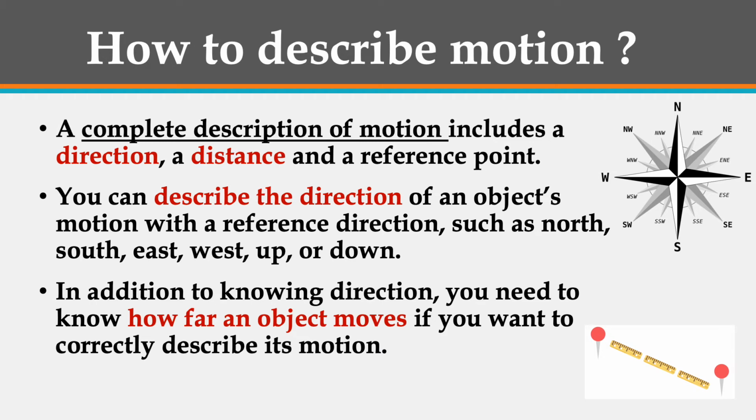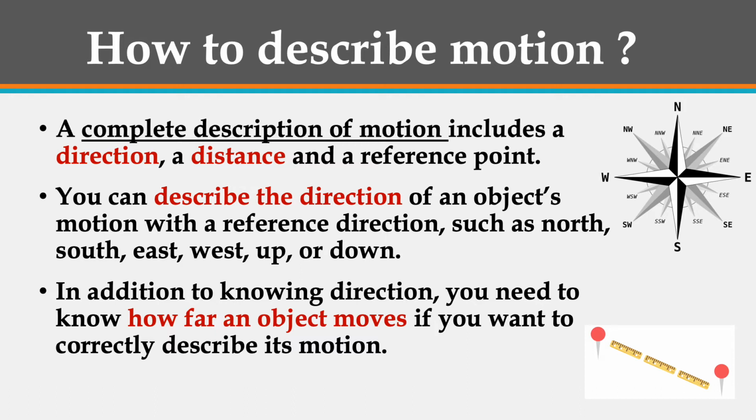How to describe motion? A complete description of motion should include two important things: direction and distance, and a reference point, of course. You can describe the direction of an object's motion with a reference direction. For example, describe that the object is moving to the north, south, east, or west, and so on.